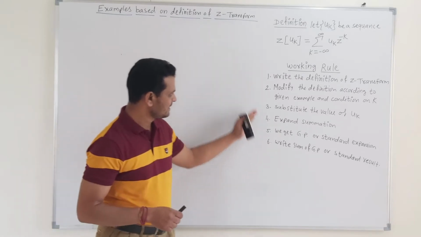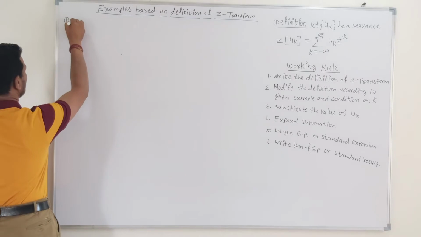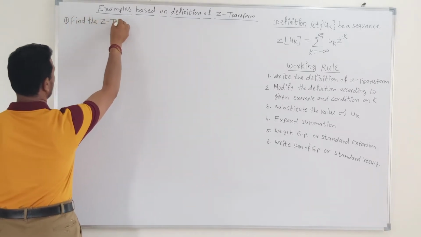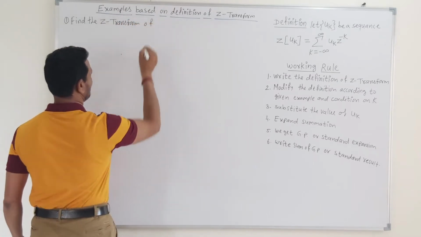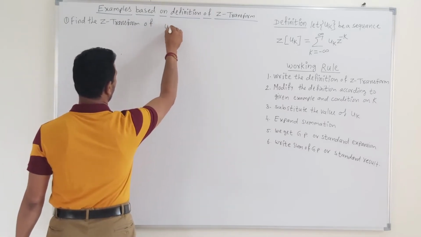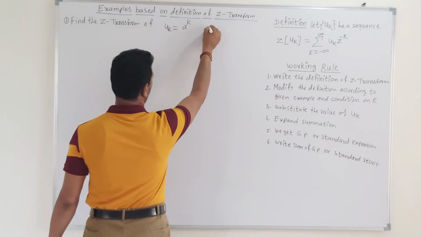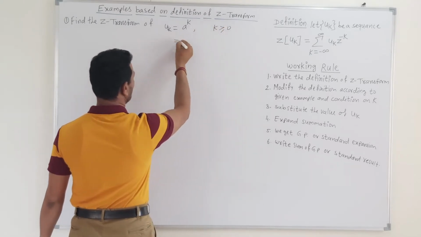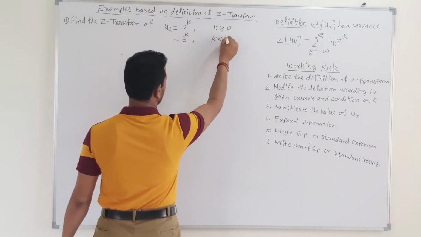To understand this concept, let's first take an example. The first example is: find the Z transform of the sequence UK equal to a raised to k, where the value of k is greater than or equal to 0, and the value of the sequence is b raised to k, where k is less than 0.